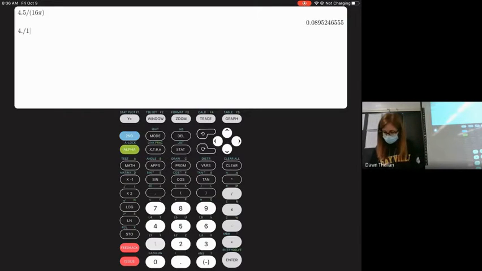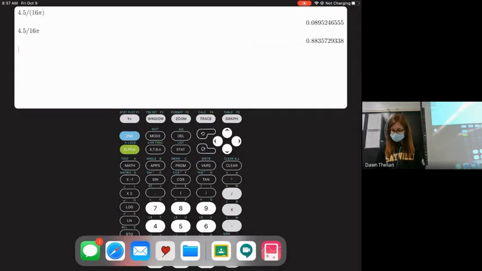If you do it without parentheses, PEMDAS tells the calculator to first divide by 16, then multiply that final answer by pi. Notice you get a totally different decimal answer, because you need to tell the calculator 16 pi is in the denominator, and you need parentheses to accomplish that.